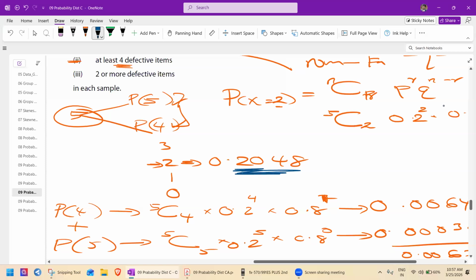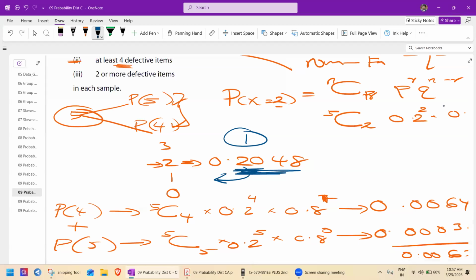In one sample, the probability of getting a defective item is 0.20. To get 2 defective items, how many samples do you want to take?